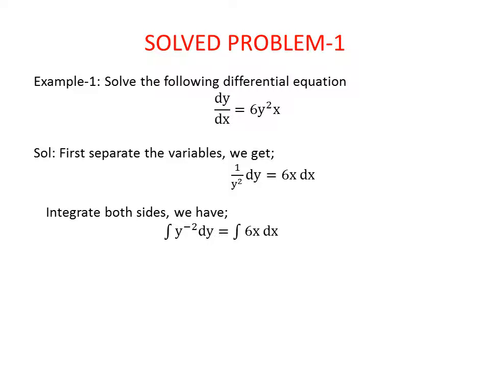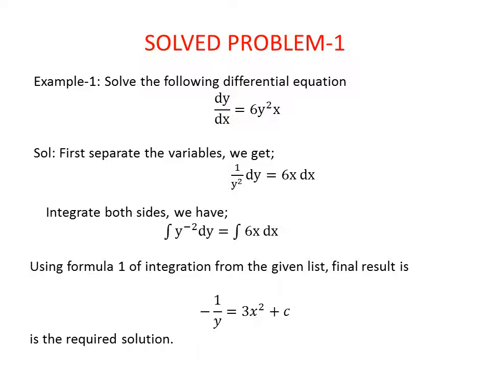Now integrate both sides. 1 by y square can be written as y to the power minus 2. The integral of y to the power minus 2 dy is equal to the integral of 6x dx. We take the constant out of the integral sign, and if we integrate using formula number 1 of the given list, the very first formula of integration, then after integrating we get minus 1 by y is equal to 3x square plus c.